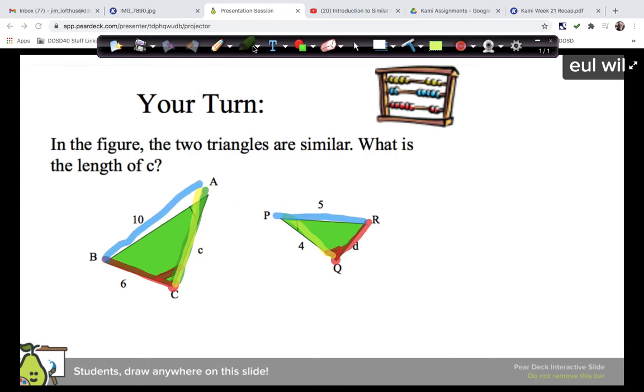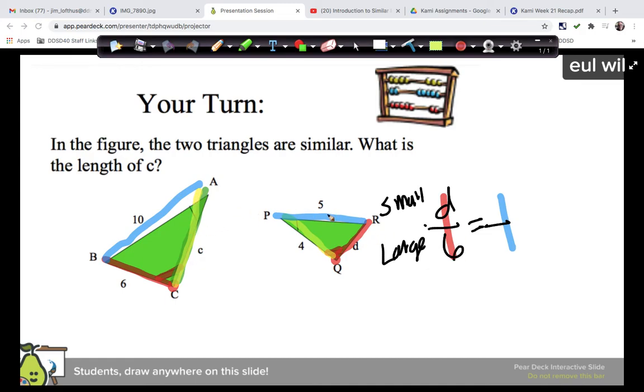And what's great about using color is you can do this. You can just say, I want a red side, and I want, let's say, a blue side. And I can go small to large. And this really sets up my proportion. So I can do this, and this tells me to get the red small number, which is D. And this tells me to get the large red number, which is 6.